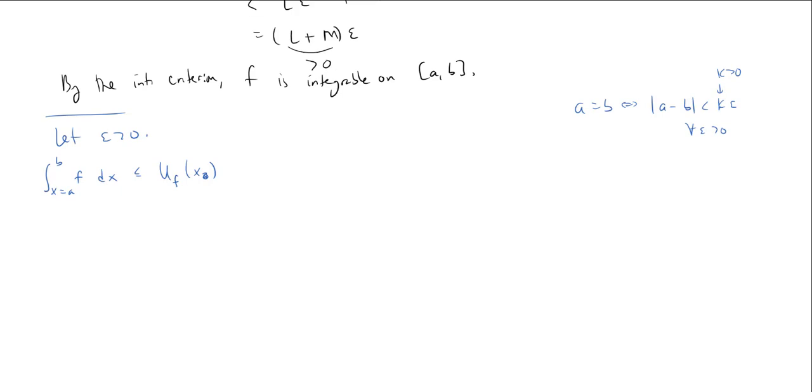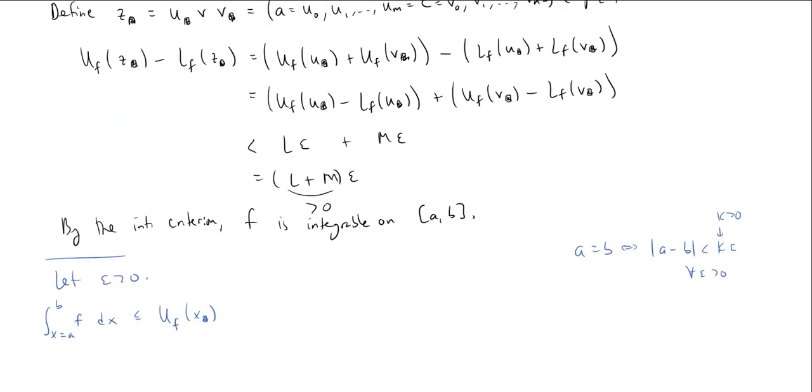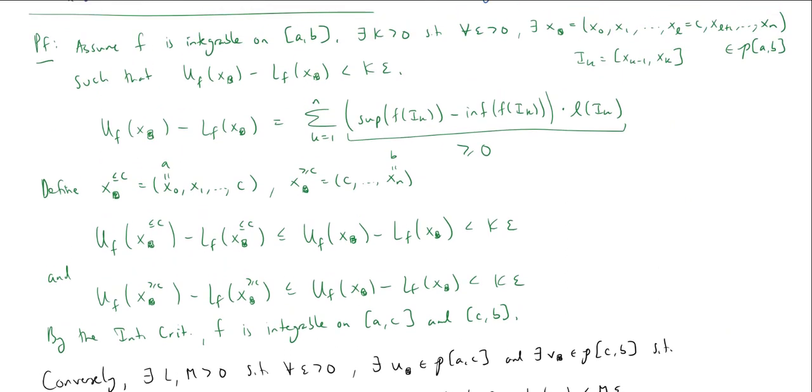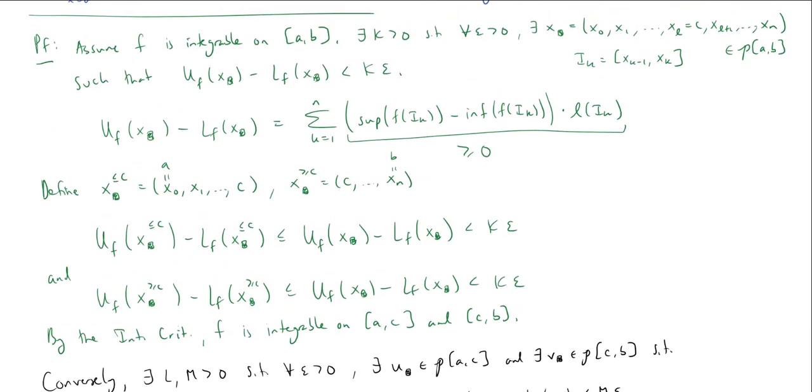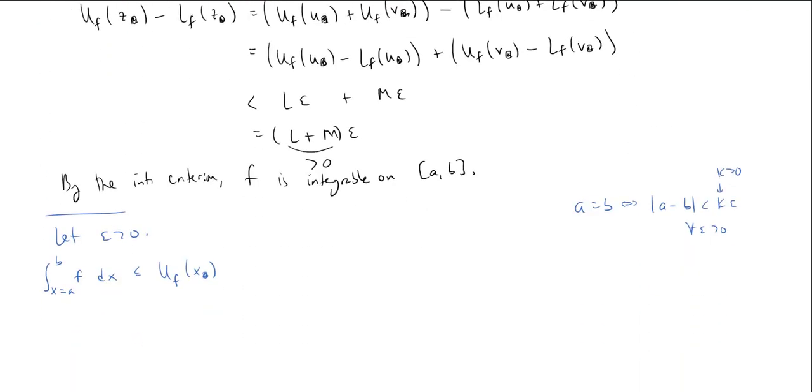But we know that the upper sum of this X, let's head back up here to the green, minus the lower sum is less than K epsilon. So if I just have the upper sum, I can add the lower sum to both sides, and I will get that this is less than the lower sum plus K epsilon.